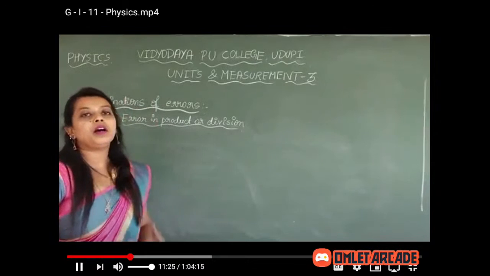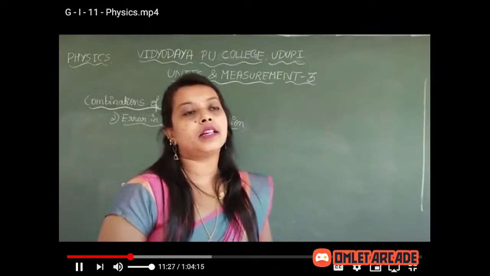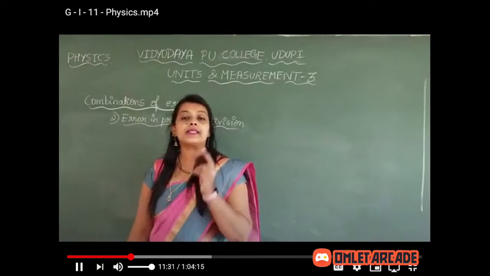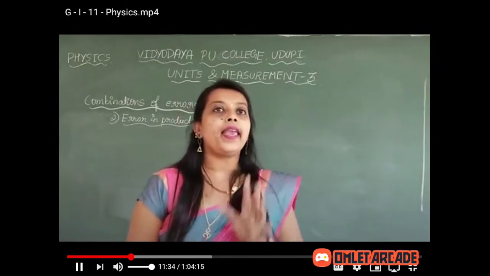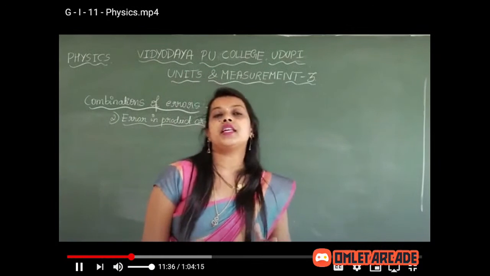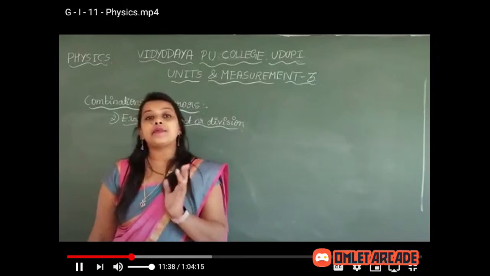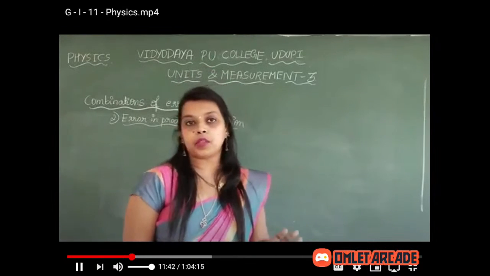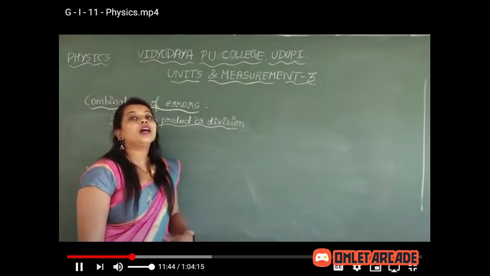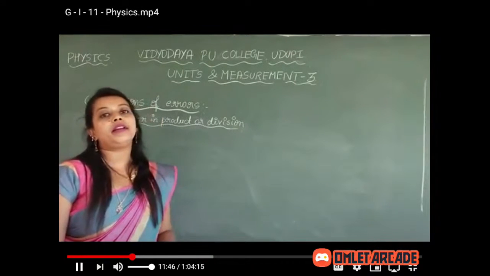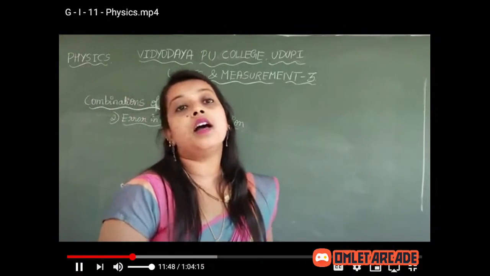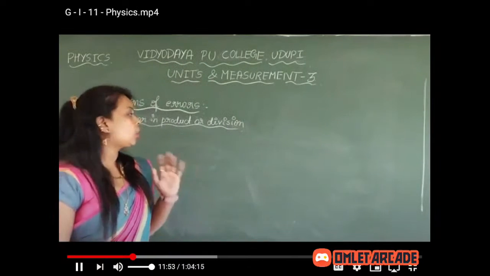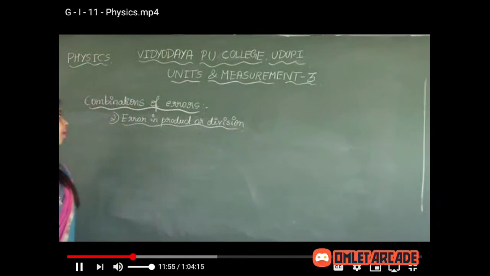So the same theory I consider, that is, I consider two physical quantities, A and B. A and B are the two physical quantities having absolute errors delta A and delta B. Z is the resultant physical quantity and delta Z is the final absolute error of a combination of physical quantities.